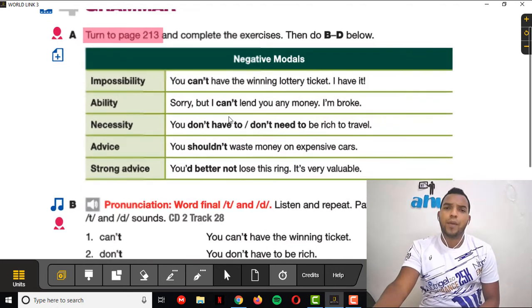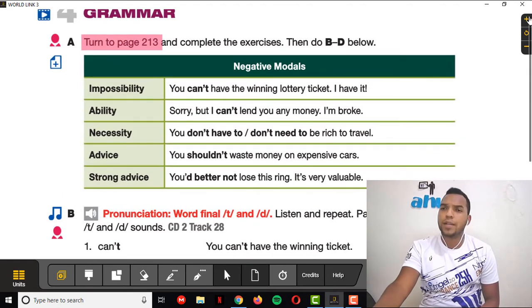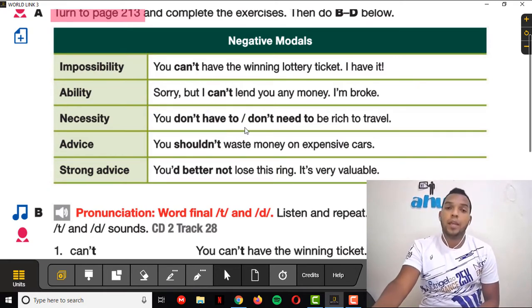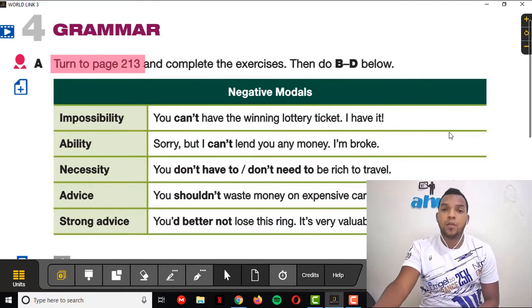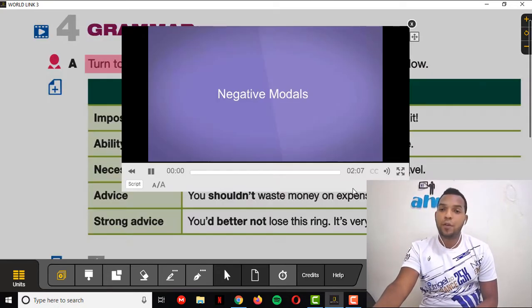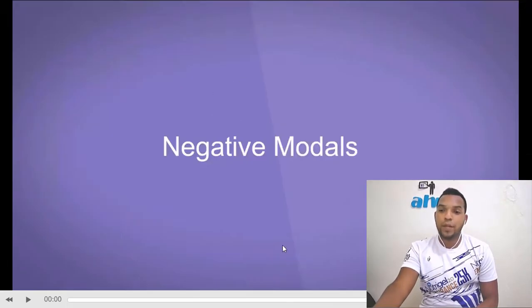So here we have the negative modals. You know exactly what a modal verb is. For example, can, may, should, had better, could. So all of these are telling you in negative what they are used for. So I'm going to be playing this video for you. Pay attention to it.